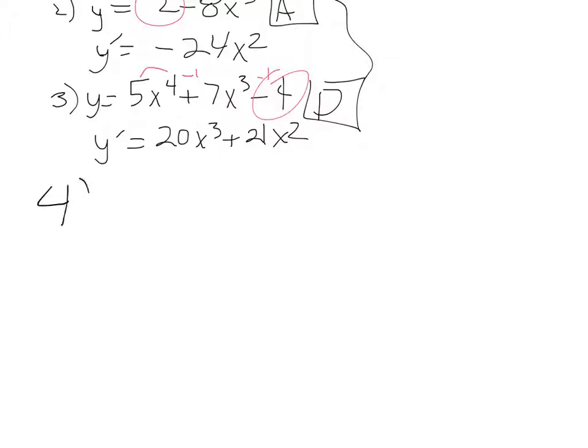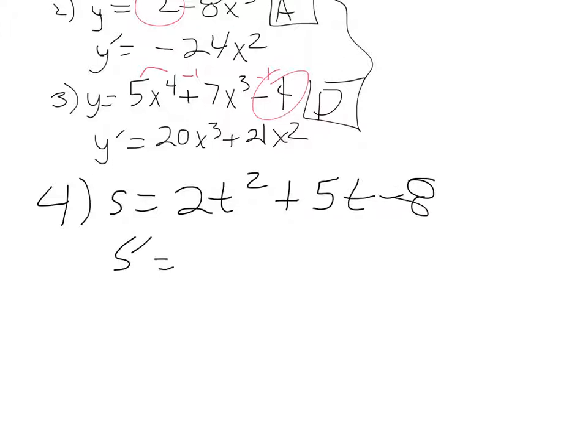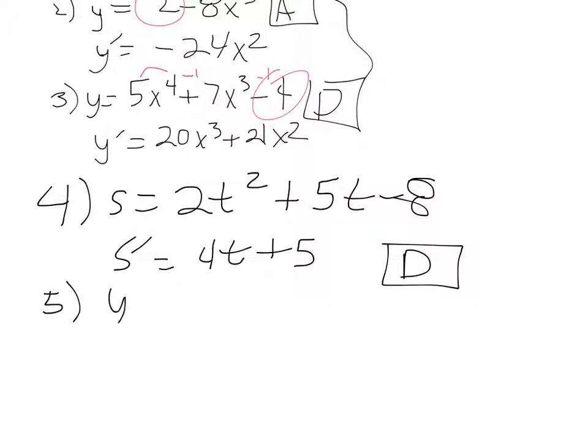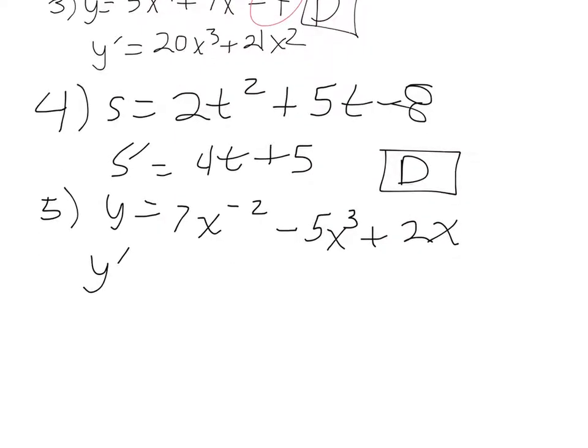All right, number 4, Patrick, you're on the clock. 2t squared. 4t plus 5, which is what, D? Number 5, y equals 7x minus 2 minus 5x to the third plus 2x.